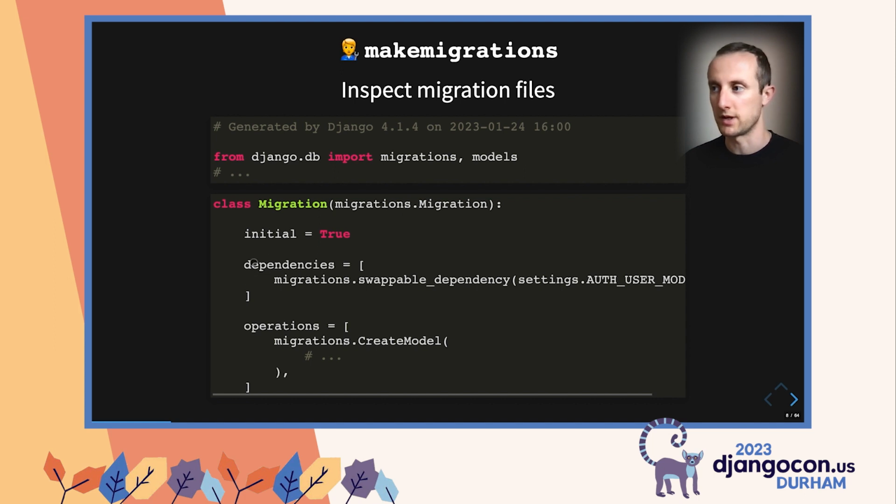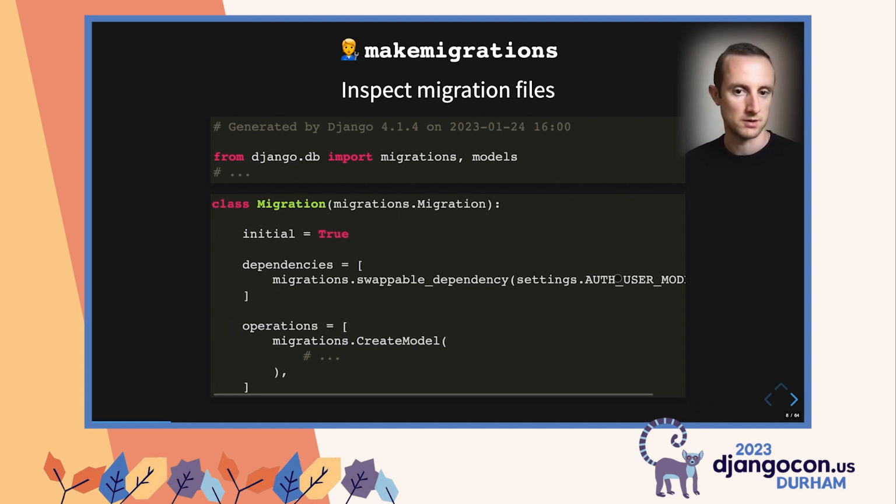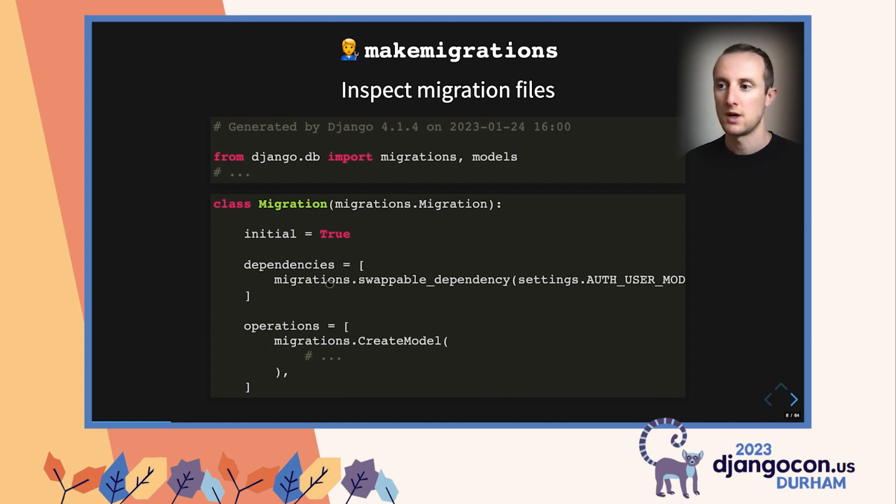In this case, we depend on the auth user model, so that's the first dependency we need to use. And then a list of operations. For example, in this case, we have just a CreateModel. This file is generated by Django automatically, so we don't need to change it in this case.